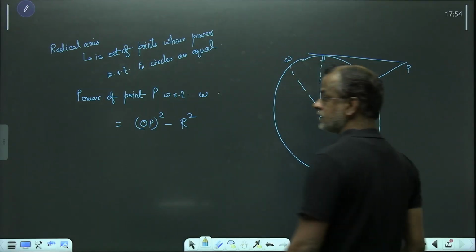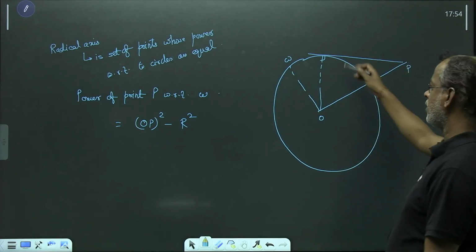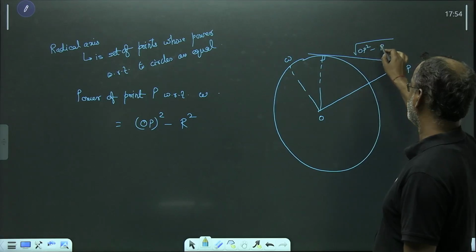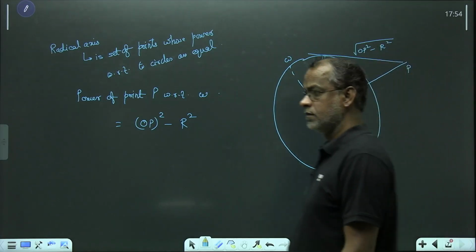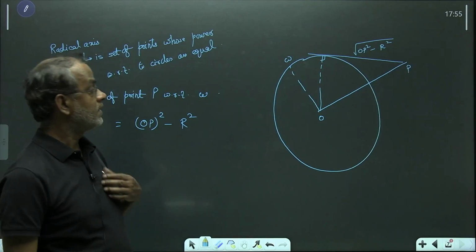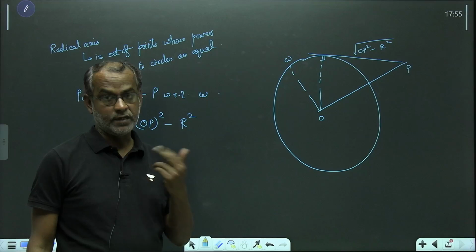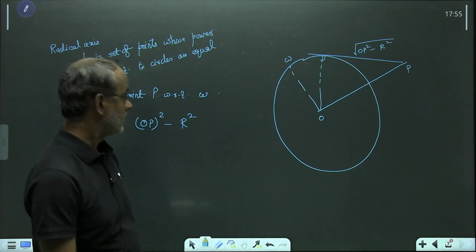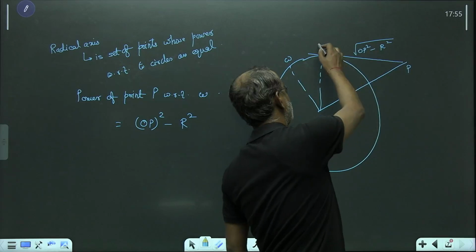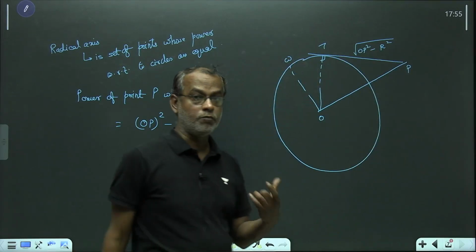If the point is outside, OP square minus R square is the length of the tangent squared. Of course, if it is inside, then this is not the length of the tangent. But if it is outside, it is the length of the tangent. So, PA into PB, if you remember, PA into PB is PT square, we proved that. That is the power of the point.